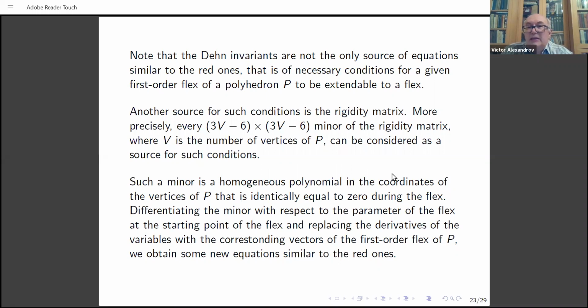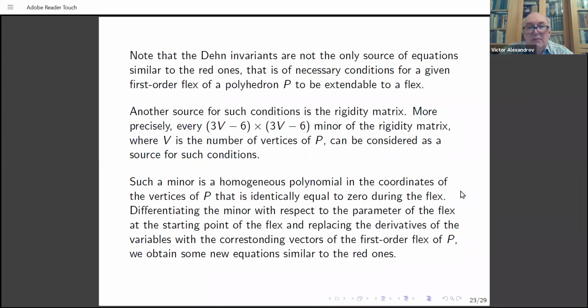Let me explain it in short. Such a minor is a homogeneous polynomial in the coordinates of the vertices of P that is identically equal to 0 during the flex. Because in every moment of the flex, we have a first order non-rigid polyhedron.